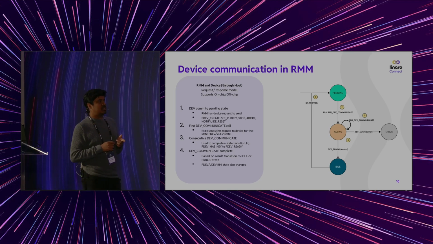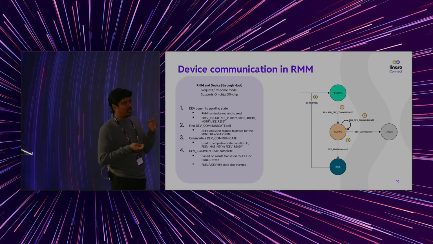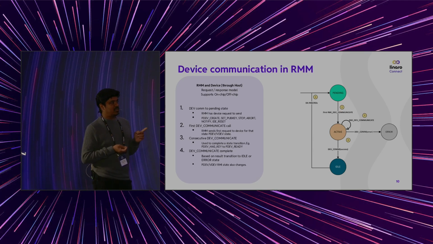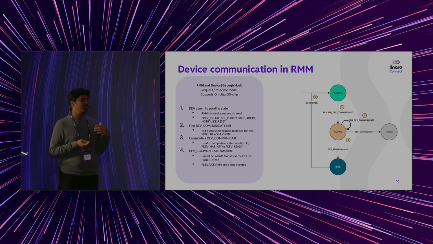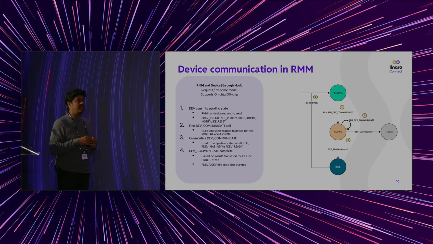So this tells the host so that the host will do the first dev communicate call. Upon doing the first dev communicate call, the device state moves from the pending state to the active state, which sends the command to the device through the non-secure host. And the consecutive communicate call will get the response from the device, and the RMM will process the response.